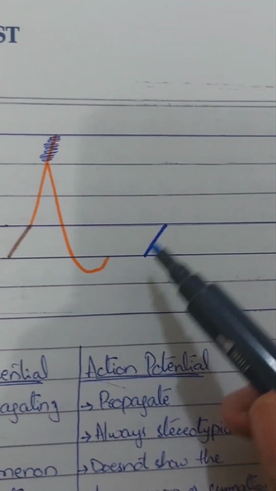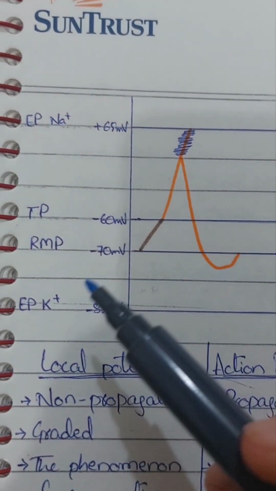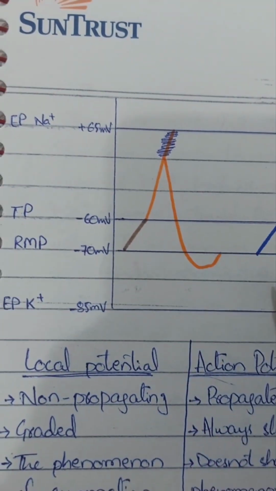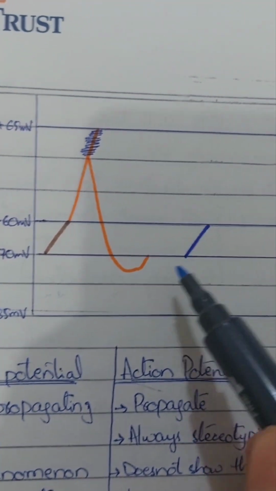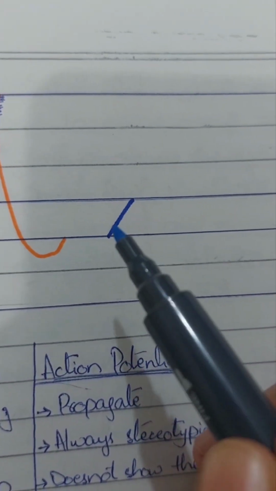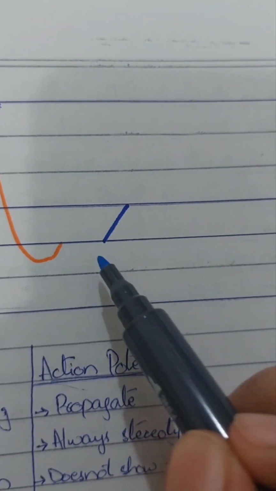Here is the local potential, where the resting membrane potential reaches the threshold potential by enough stimulus and enough sodium influx. Then the voltage gated sodium channels open and make the membrane depolarize.